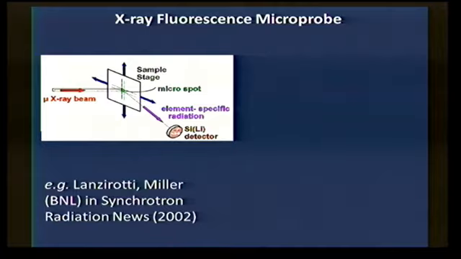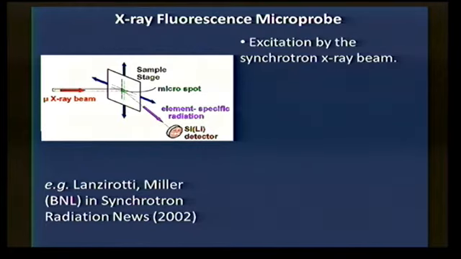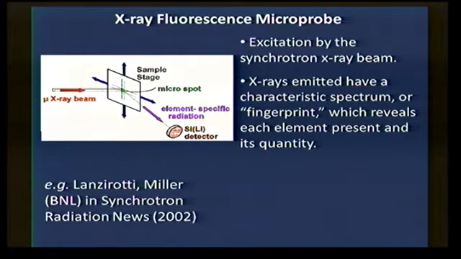So we use a beam here, so the material is exposed to the incident beam. This is the excitation, and as a result of this excitation, we have a re-emission of X-rays. Those X-rays are re-emitted by the sample itself, and we have typical characteristic lines of emission.